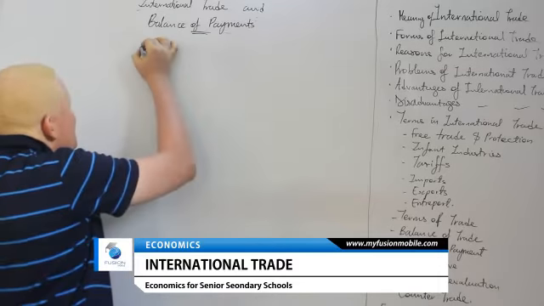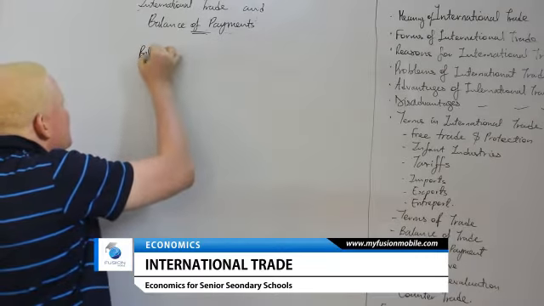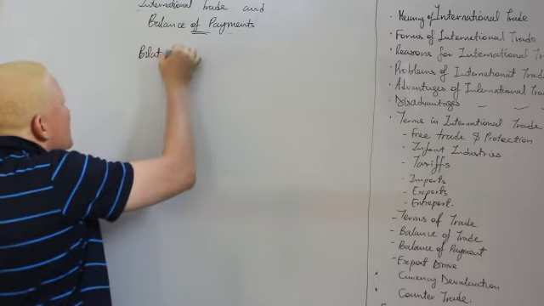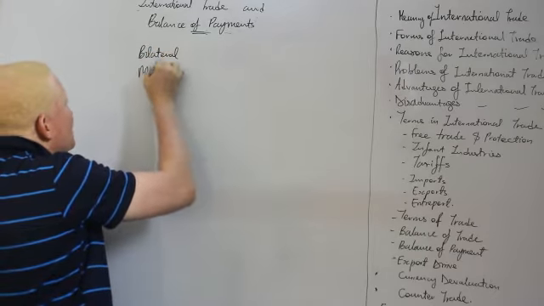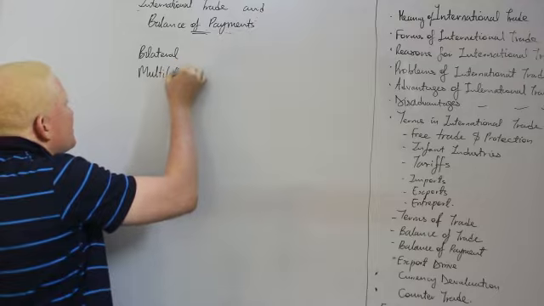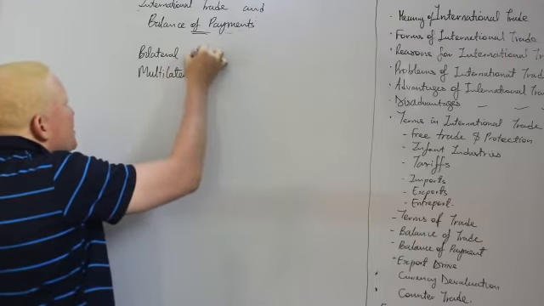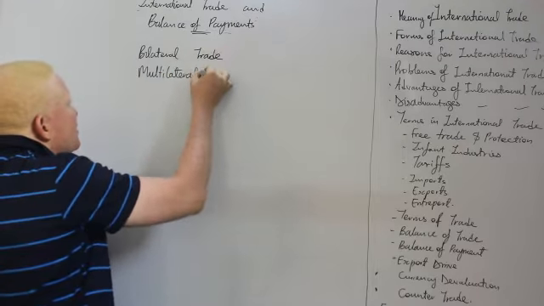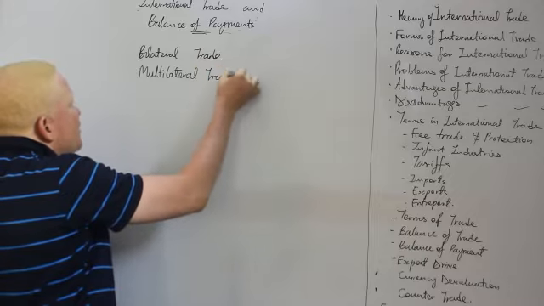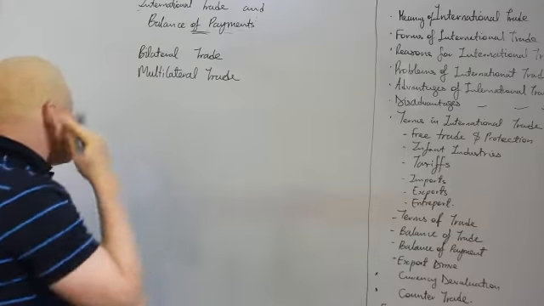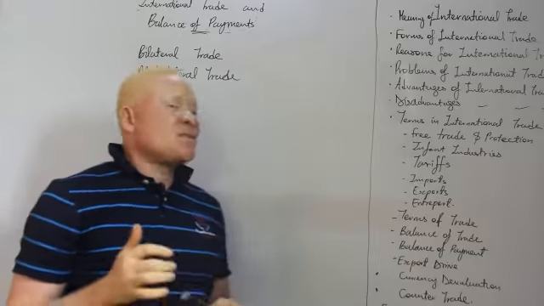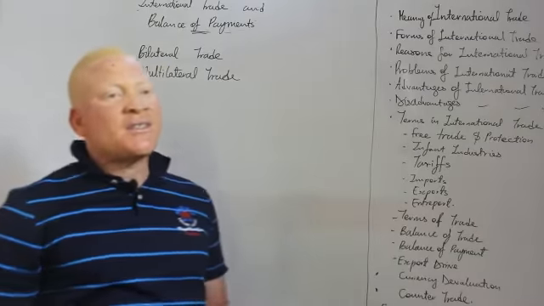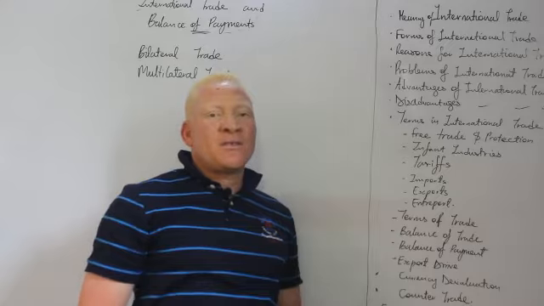Forms of international trade could be bilateral or multilateral. Bilateral trade agreements or multilateral trade agreements. Bilateral trade agreements mean a form of international trade only between two countries.